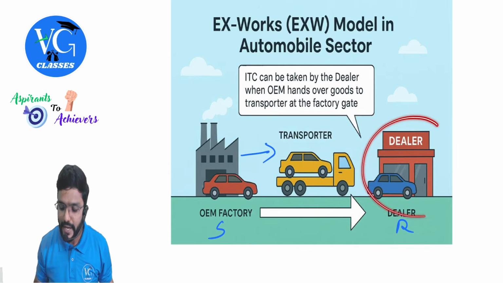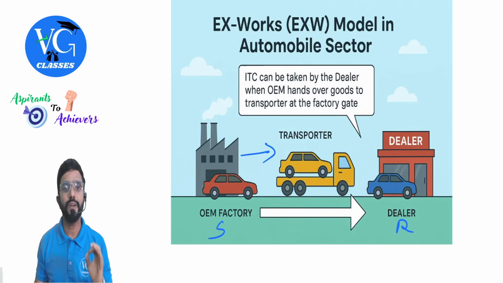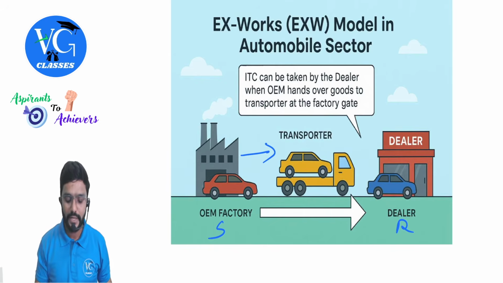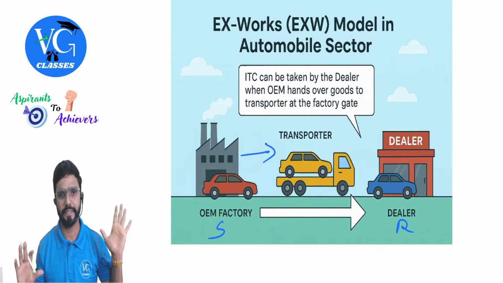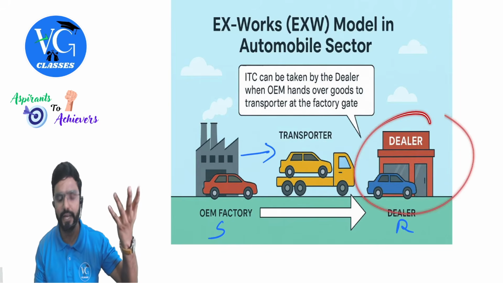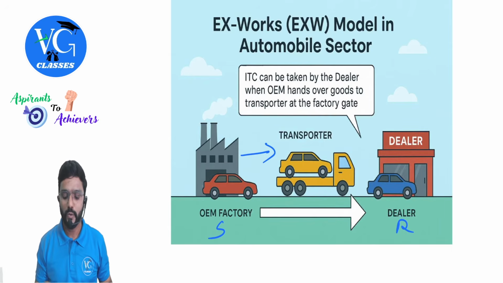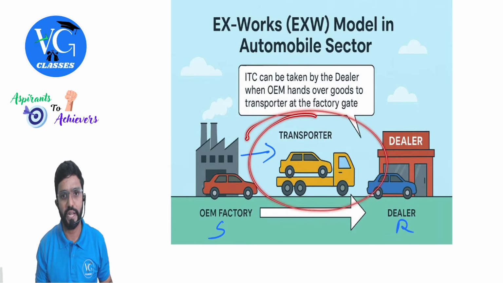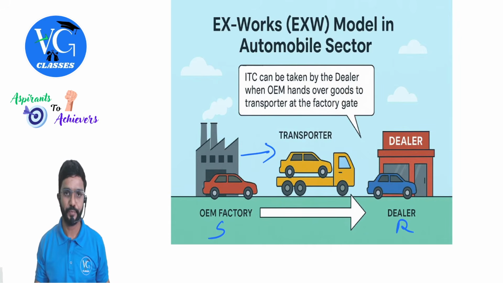Sir, when can the recipient claim the credit? Simple. First, when supply is completed. When the supplier hands over the goods to the transporter, supply is completed. It is not yet delivered to the dealer, but still the industry is operating like this. Whatever happens during the transportation, who is responsible for it? The dealer, the recipient.